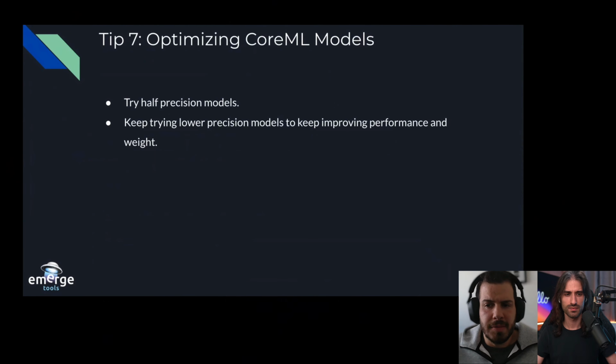One approach to optimization is to reduce the precision of the model by half. If we are using half precision, which is 16 bits, you can significantly reduce the model size, but it doesn't affect the accuracy of the model that much, which might be very good for most apps.